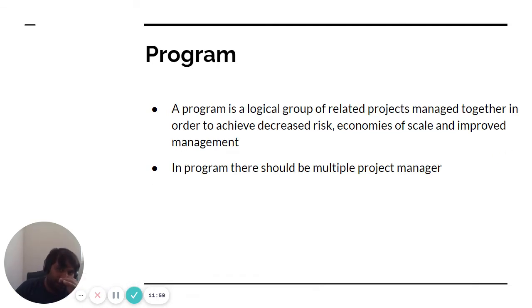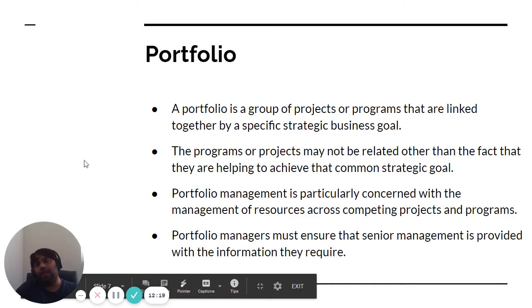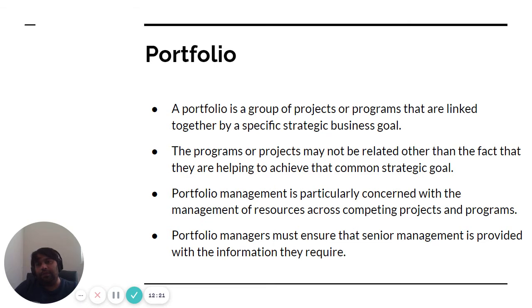A program is a logical group of related projects managed together in order to decrease risk, achieve economies of scale, and improve management. In a program, there should be multiple projects and project managers. Every project has a different project manager. Rather, a portfolio is a group of projects or programs that are linked together by a specific strategy or business.